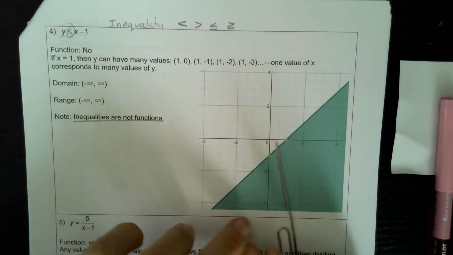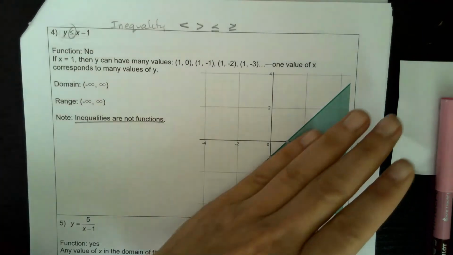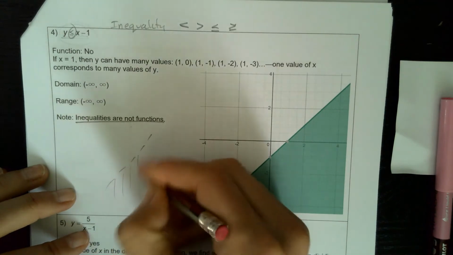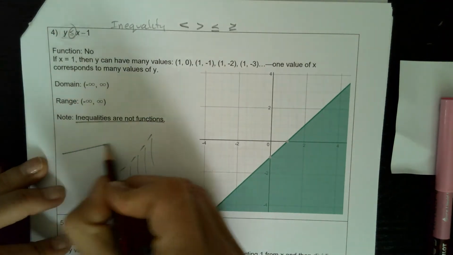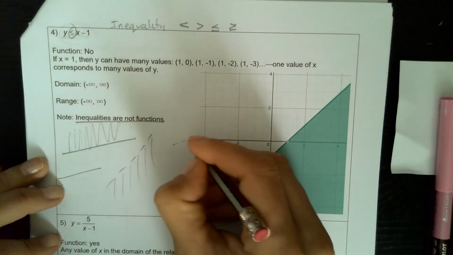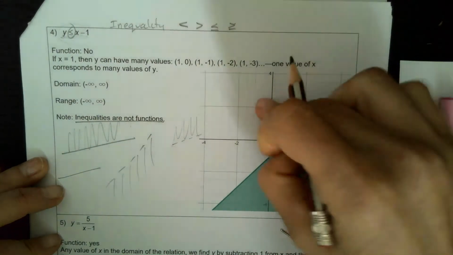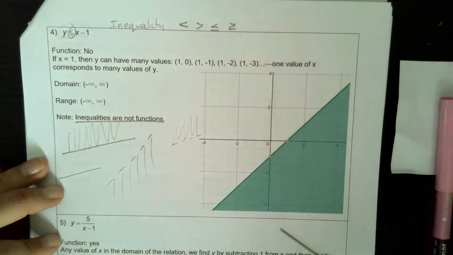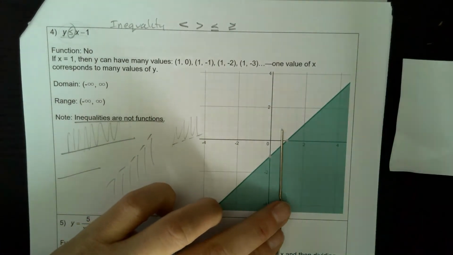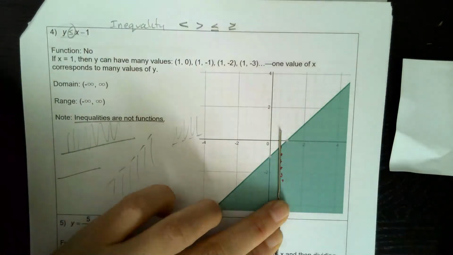Why? Because if I do my vertical line test, here's my inequality. It's always going to look something like this. It might be a dotted line and then colored, it might be colored above, or colored below, solid line, or dotted line. But when I do my vertical line test, look, it touches at so many places.